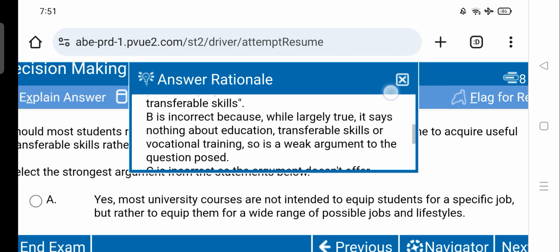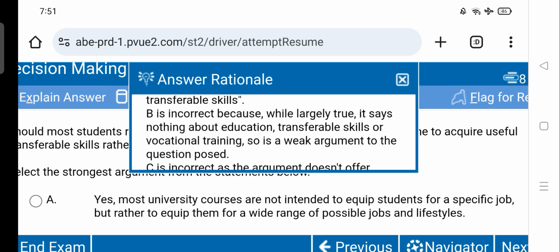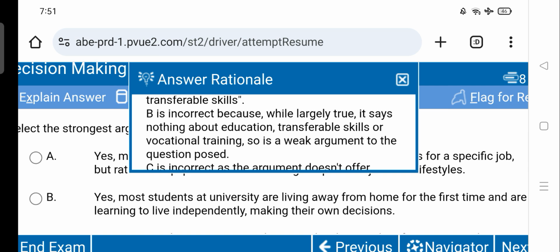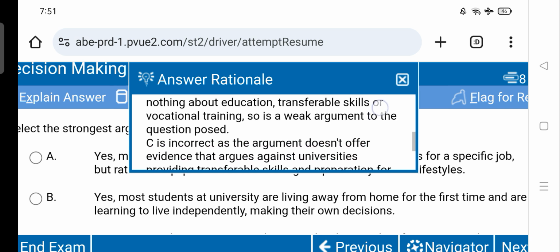Option B is incorrect because, while largely true, it says nothing about education, transferable skills, or vocational training. So it is a weak argument to the question posed.